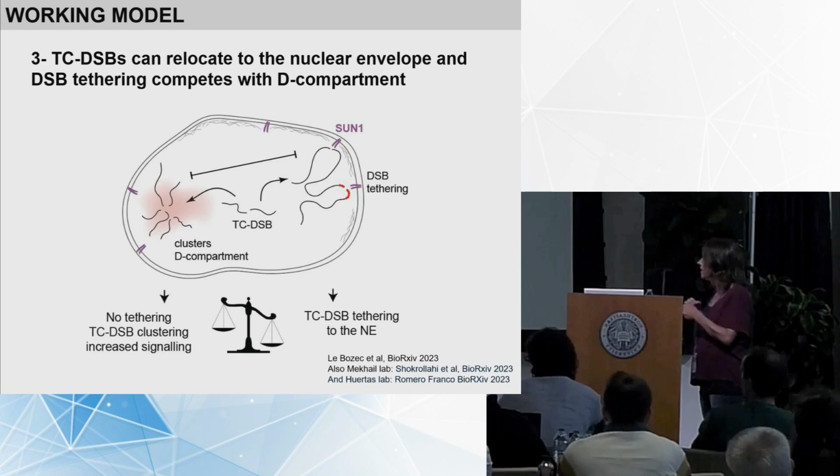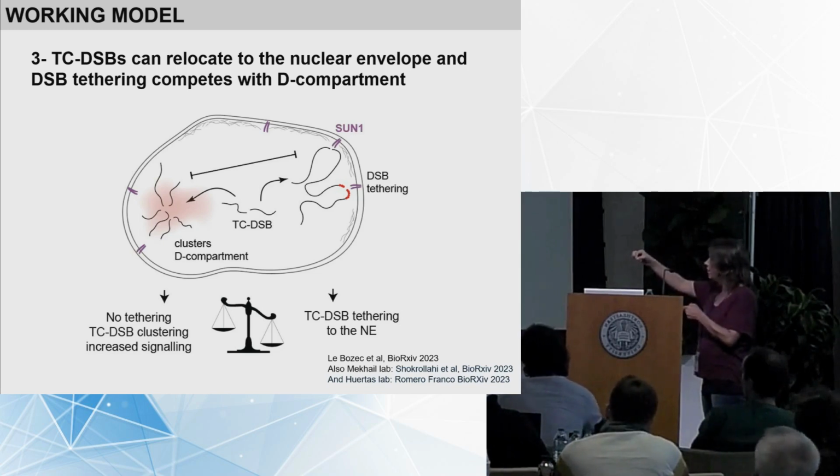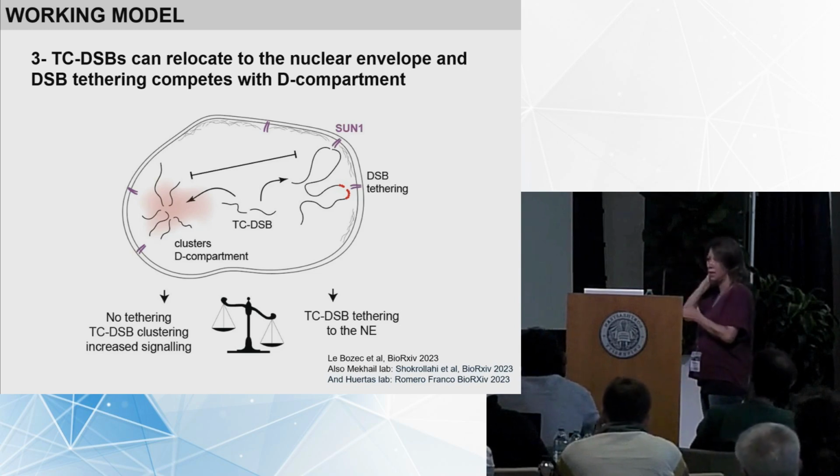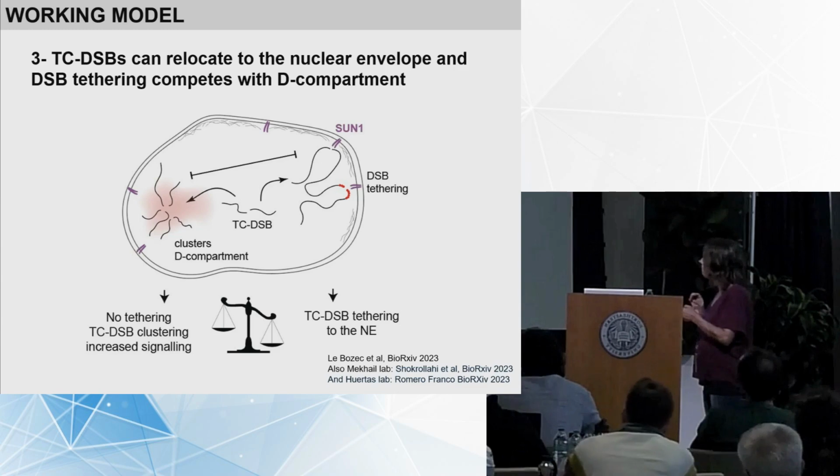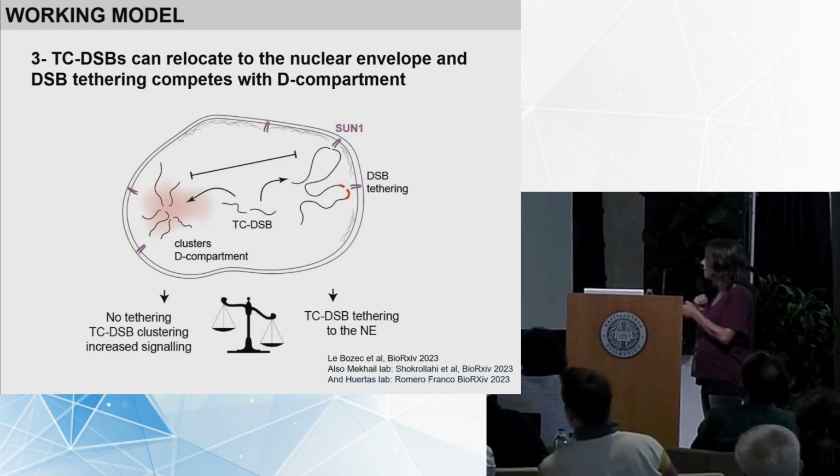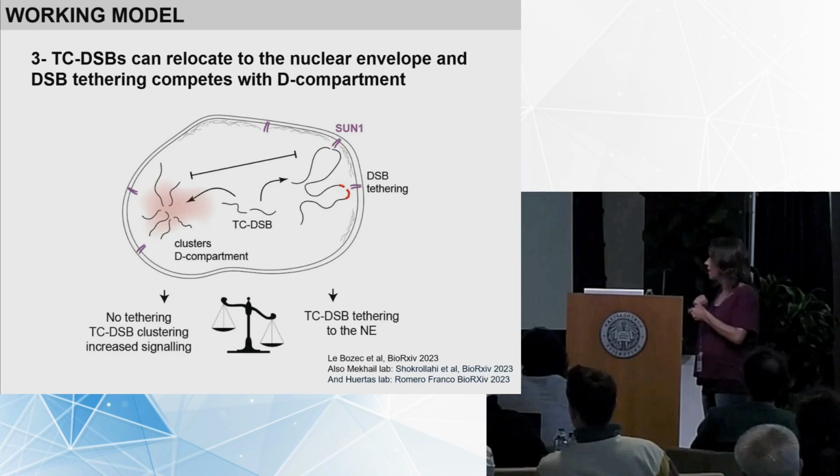So basically, if you detach, so the targeting, we believe, helps the completion of homologous recombination as it does in Drosophila. And you have a kind of balance between the targeting to the nuclear envelope and the formation of this D compartment, as does heterochromatin when you detach it from the nuclear envelope.